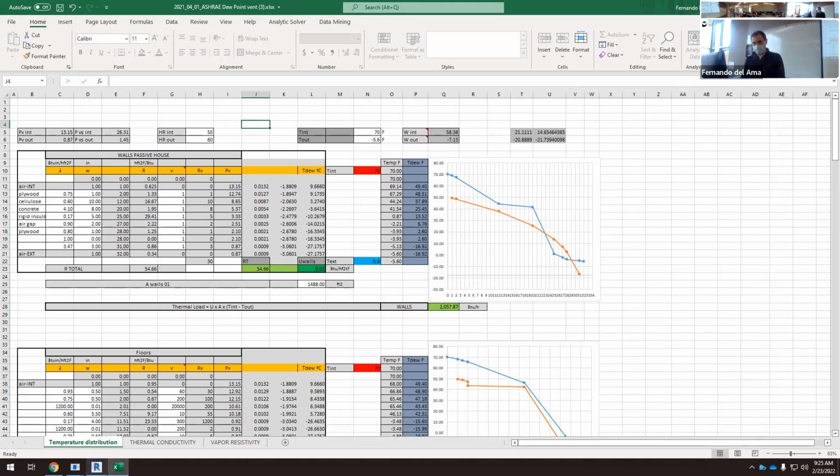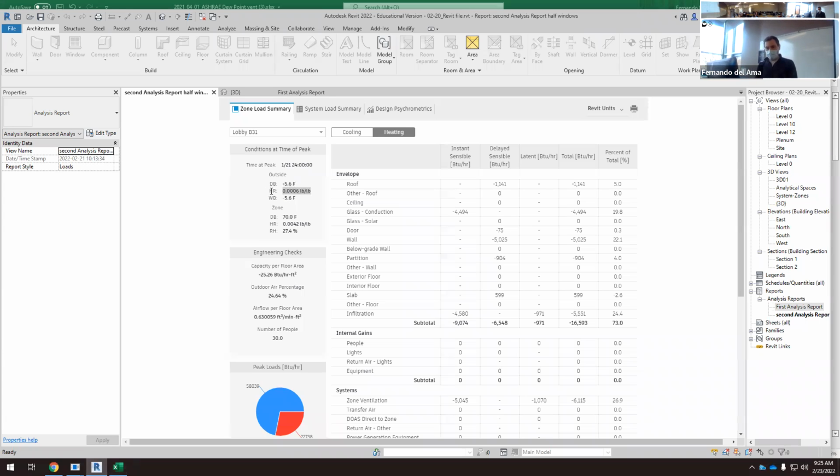Okay. And here we have information about the wet bulb temperature. Do you remember how we calculated wet bulb temperatures? Yeah, it's a thermometer with a damp cloth around it.